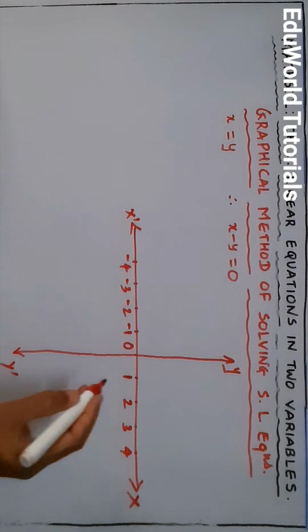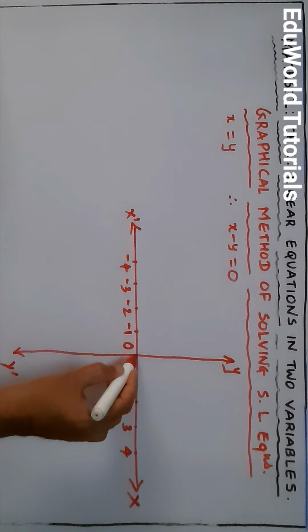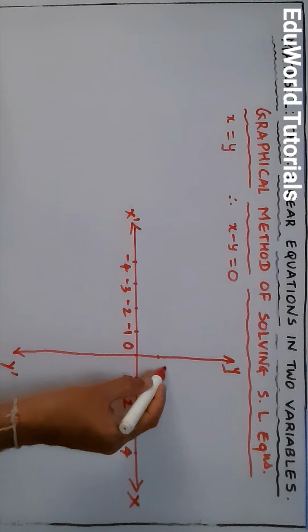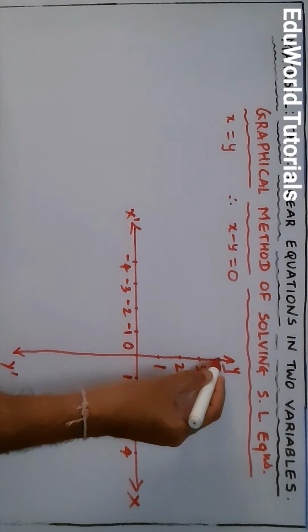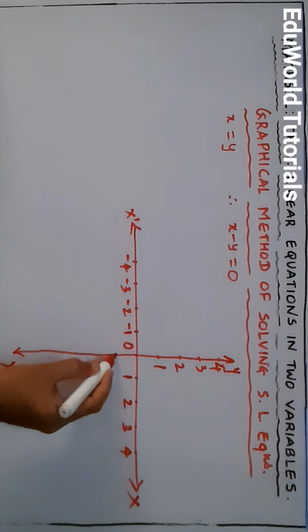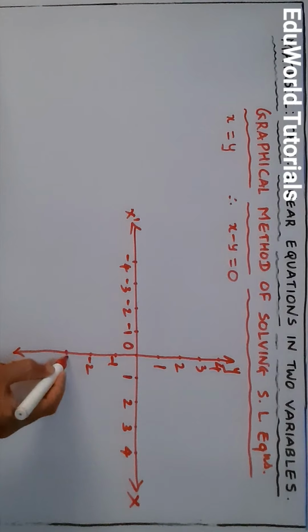This is the way we have to denote the axes. Positive direction of the y-axis, starting from 0, the next numbers will be positive 1, 2, 3, 4. Negative direction of the y-axis, -1, -2, -3, -4.